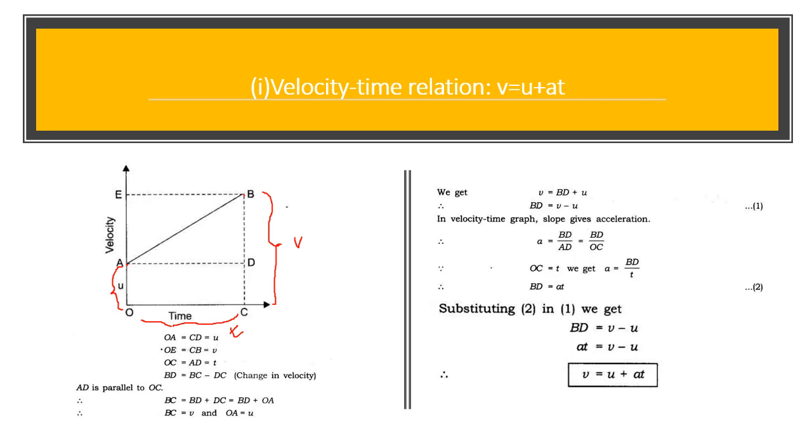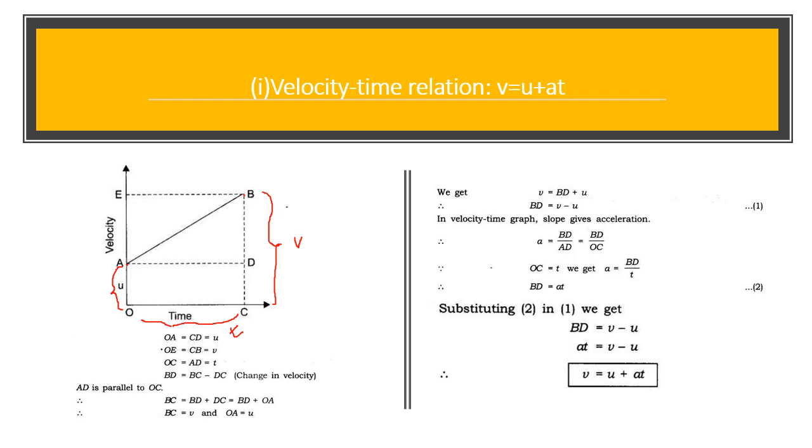The perpendicular lines BC and BE are drawn from the point B on the time and velocity axis respectively. You can see I have mentioned with dotted lines from point B to C and from point B to E. These are all perpendicular lines on the time and velocity axis respectively, so that the initial velocity is represented by OA, the final velocity is represented by BC, and the time interval T is represented by OC.